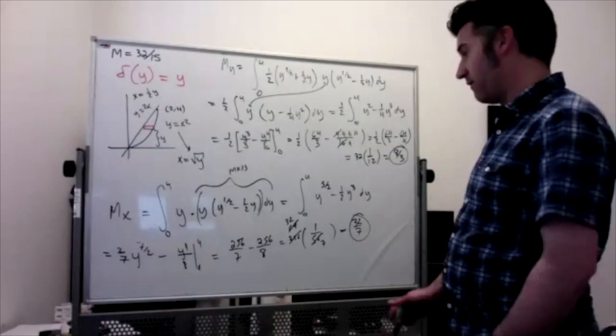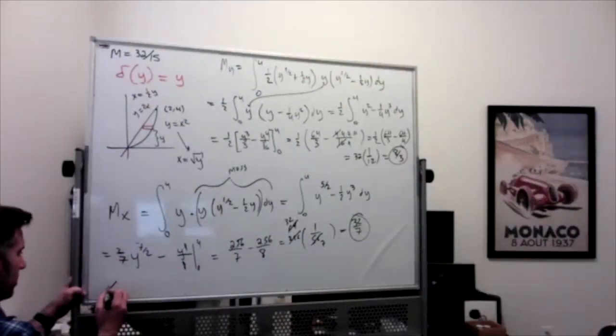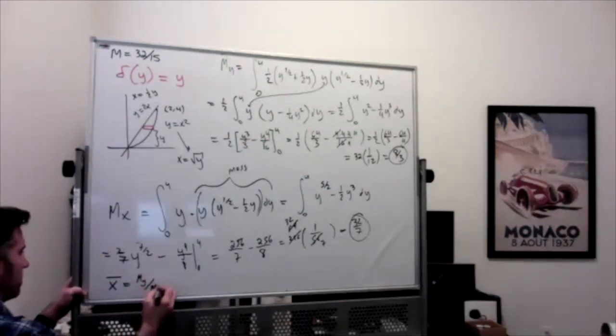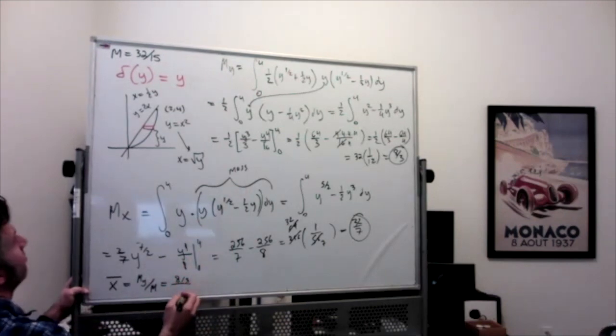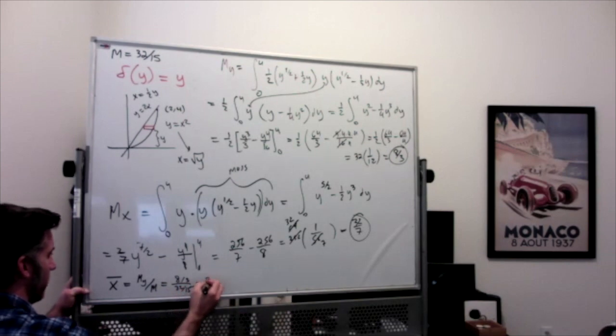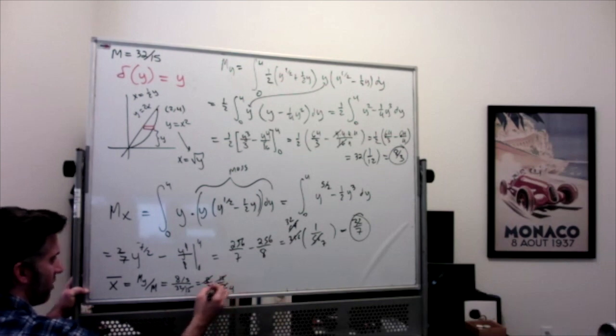Okay, so now finally we can say that the x bar coordinate is my over the mass, which is 8/3 divided by 32/15, which is 8/3 times 15/32. 8 over 32 gives me a 4, 15 over 3 gives me a 5.